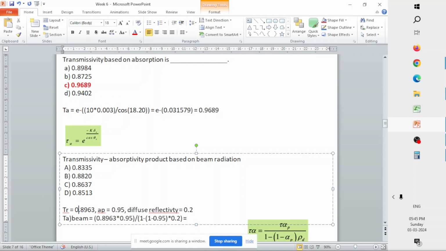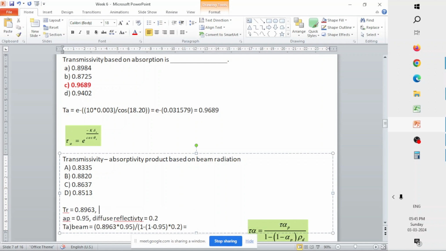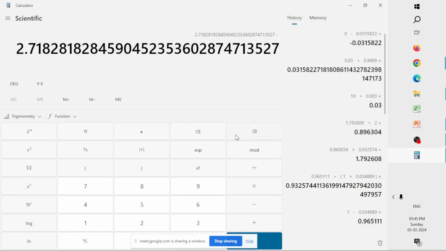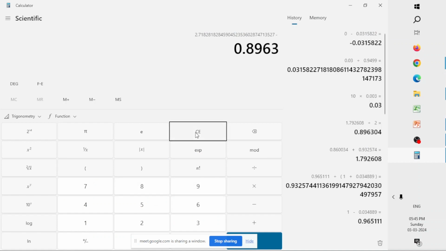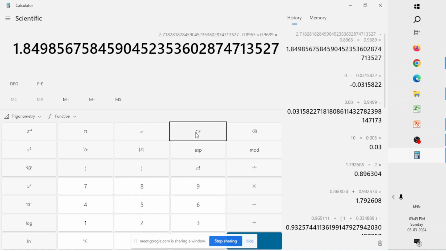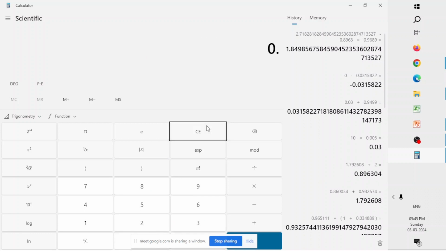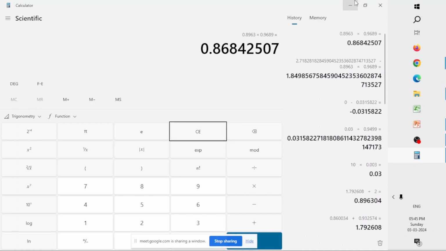We are supposed to calculate transmissivity, so that is transmissivity due to the reflection refraction component times the transmissivity due to absorption. So 0.8963 times 0.9689, 0.8684.